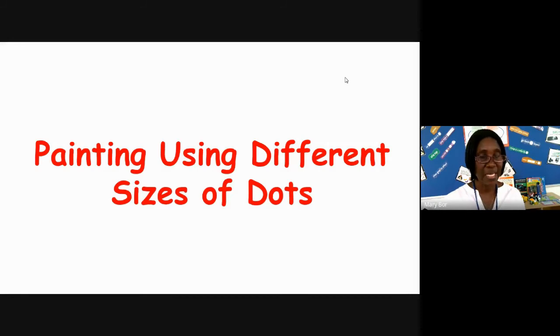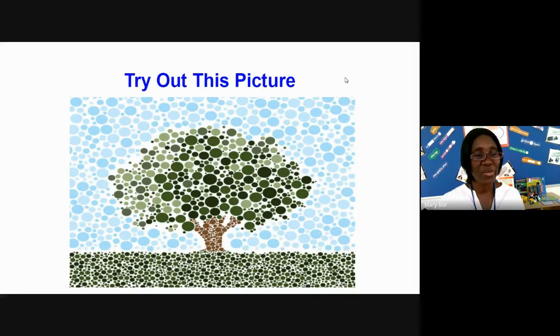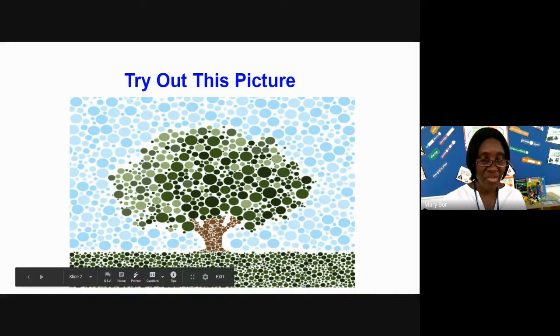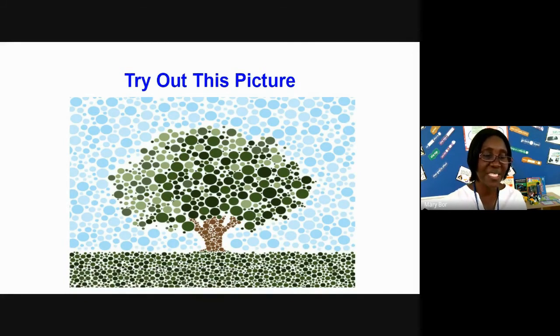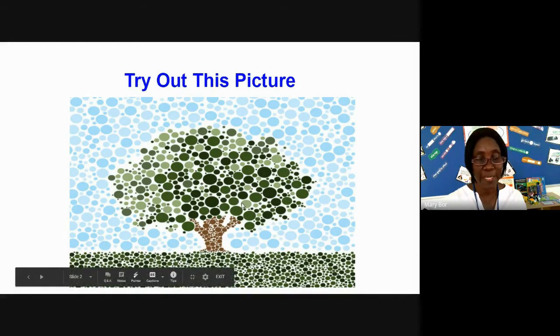And this is the painting. So you're going to try out painting this picture. If you look at this picture, it's a tree and it's the sky and this is the ground. The tree has big dots, small dots, medium dots. So you're going to practice changing the brush size and you paint a picture that looks like this.